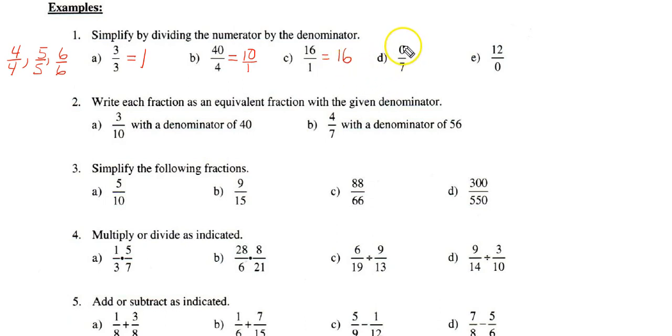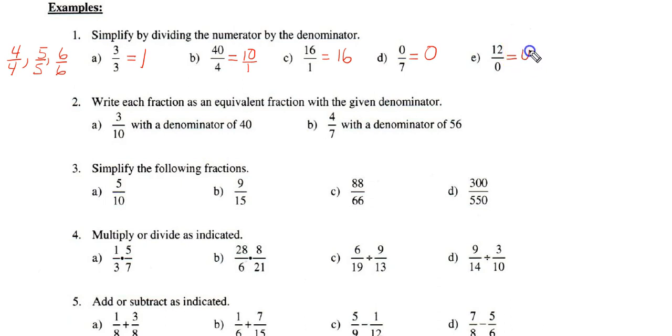Now, if the numerator is 0, but the denominator is a number other than 0, this simplifies to 0. Now here, if our denominator is 0, but our numerator is not a 0, then this is always simplified to something that is not defined in our mathematical system.